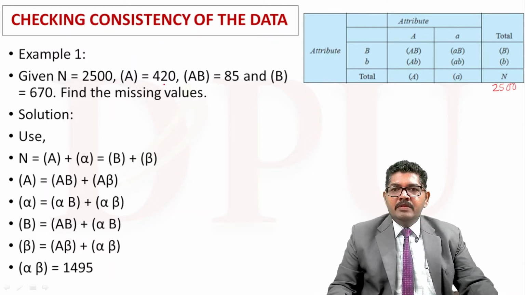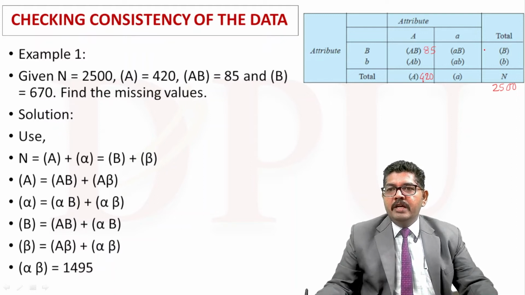Then A is given as 420, so this will be 420. Then capital AB is 85, so it is here. Then we have B equal to 670, and B is here.